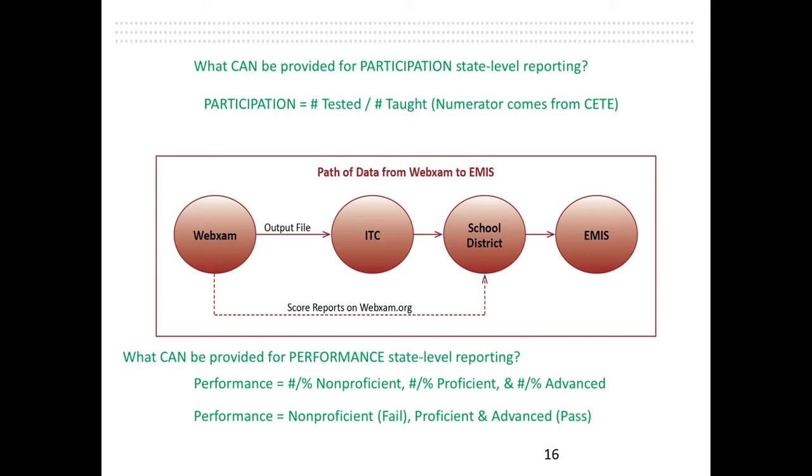In terms of the performance for state-level reporting, what we report is a pathway test score, and a pathway test score is an average of the student scores and an average of the cutoffs for the tests that are taken. So local districts make decisions about which courses to offer. A minimum of 3 is needed.